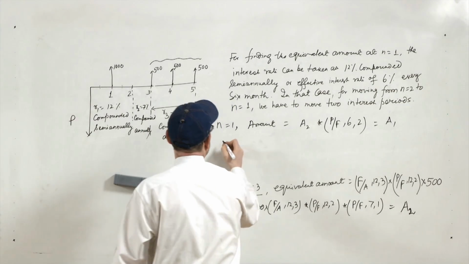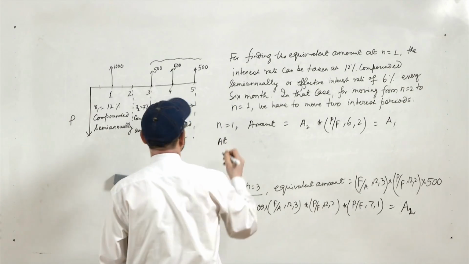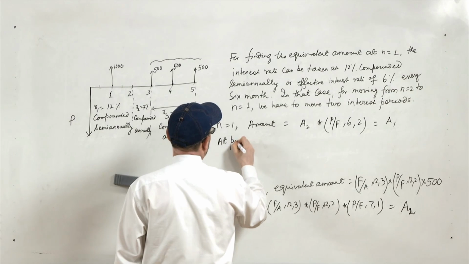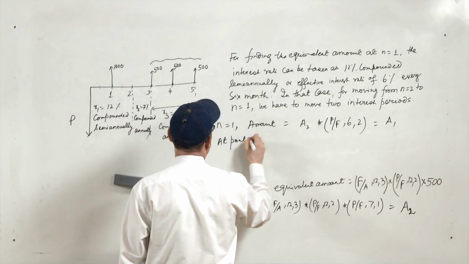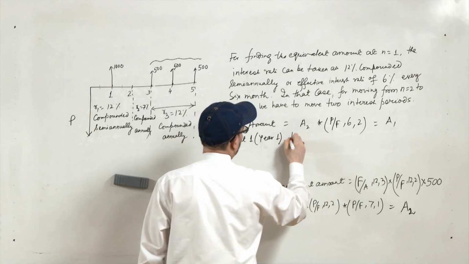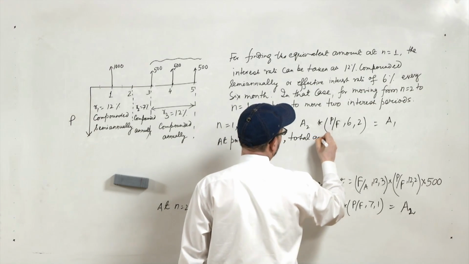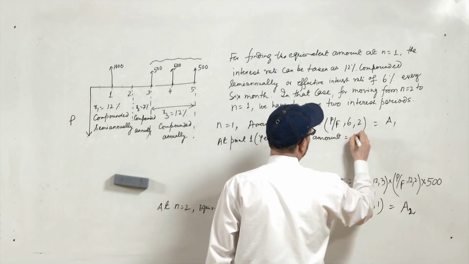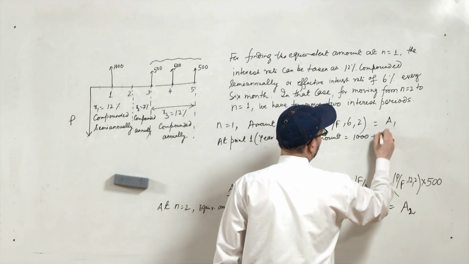So, at point 1 or year 1, the total amount will be 1000 plus A 1.